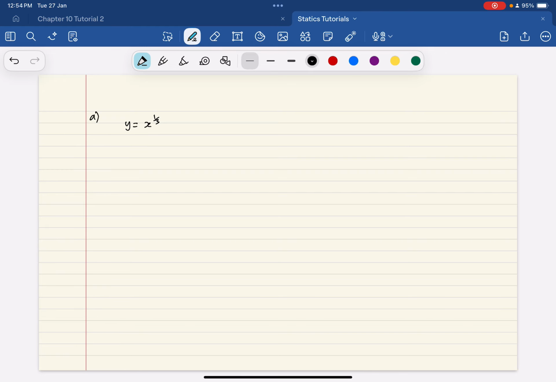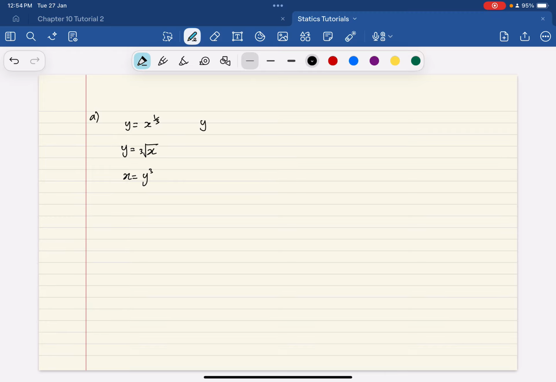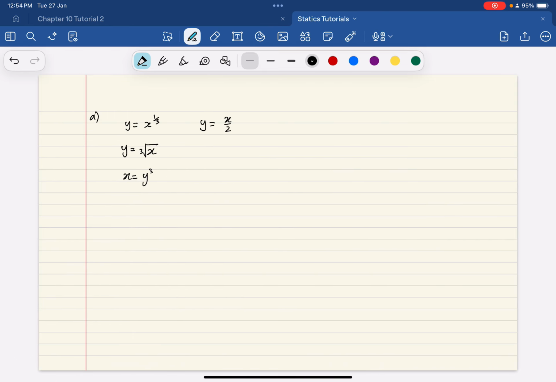If I write it in another form, basically 1/3 power is the cube root of x. Therefore x equals y cubed. This is your first equation. Your second equation is y equals x over 2 minus 2. So you rearrange the equation, you get y plus 2 equals x over 2. So your x equals, you bring the 2 to the other side, 2y plus 4. So you already have your two equations now.